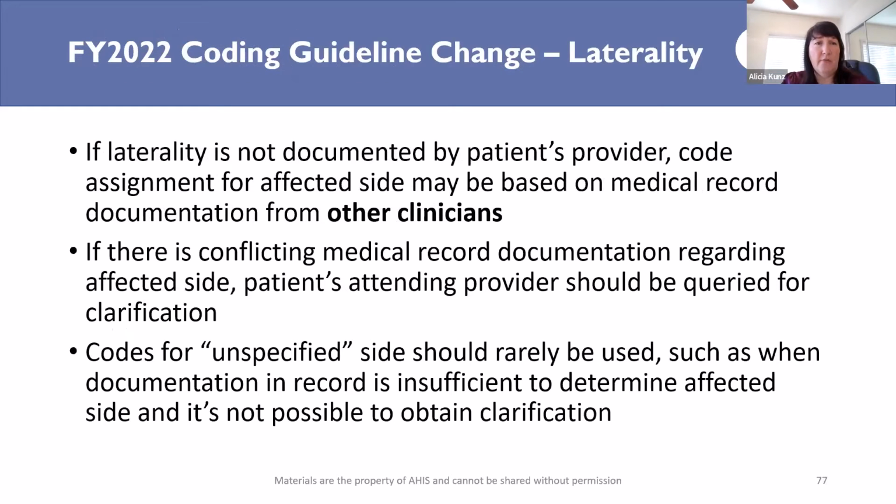We had some changes here for fiscal year 2022 for coding guideline changes regarding laterality, meaning right or left. So if our patient's provider doesn't tell us, and let's say somebody comes in and they had a right femur fracture, but our physician just wrote femur fracture on our H&P, we can look through the documentation from the hospital, from other clinicians, other doctors, that tells us it's on the right-hand side, and we can use that documentation to support the use of a code for femur fracture.